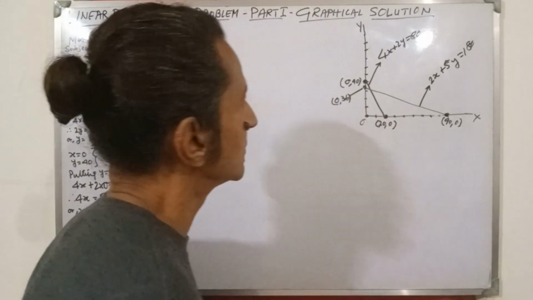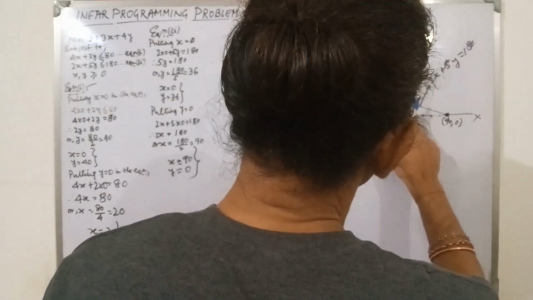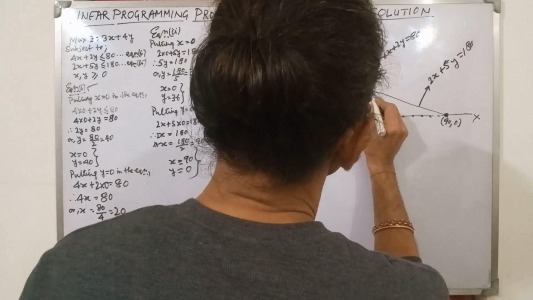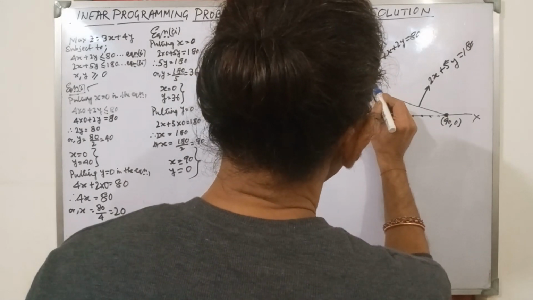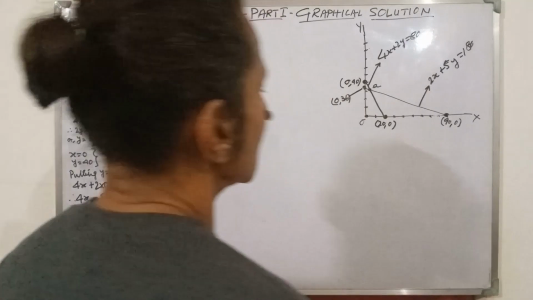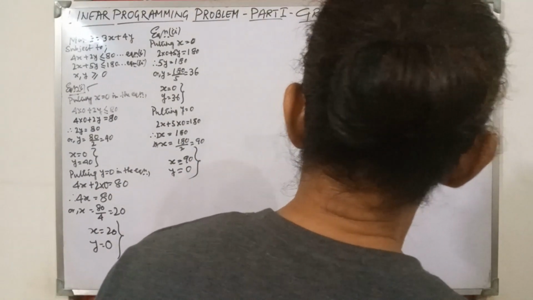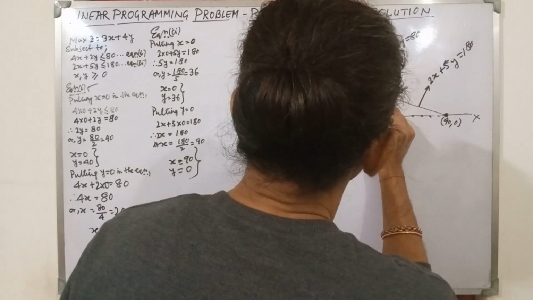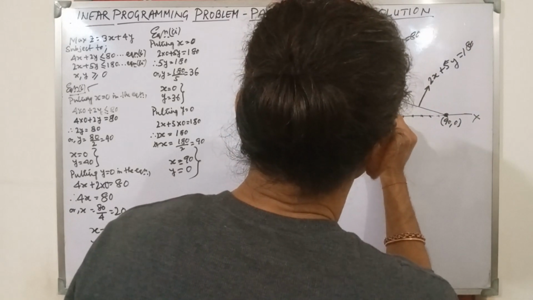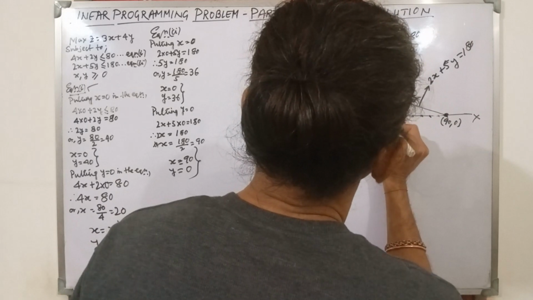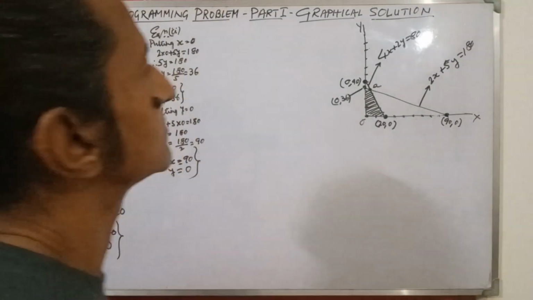Now this straight line and this straight line intersect at this point. Let this point be A. Now we have found an enclosed area, that is this shaded area. Right?